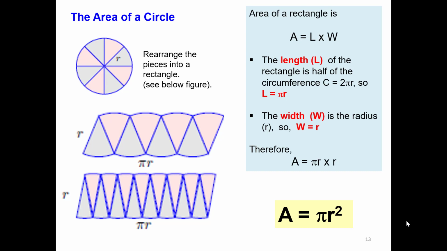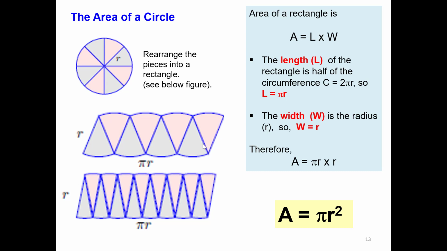First, let's divide this circle into 8 equal pieces: 1, 2, 3, 4, 5, 6, 7, 8. Now let's rearrange these pieces into a rectangle.